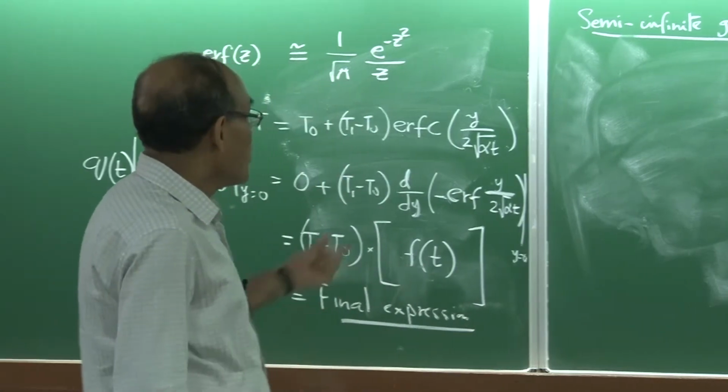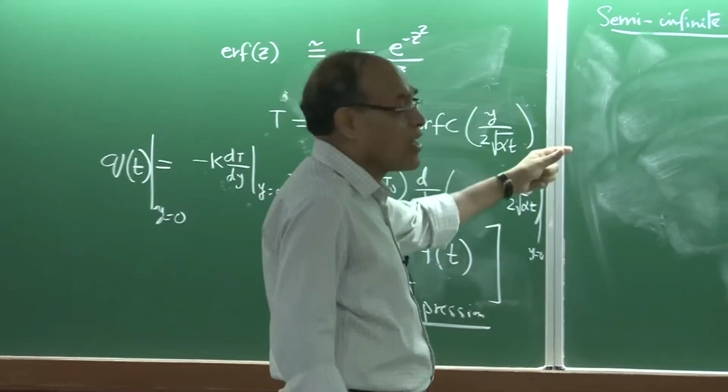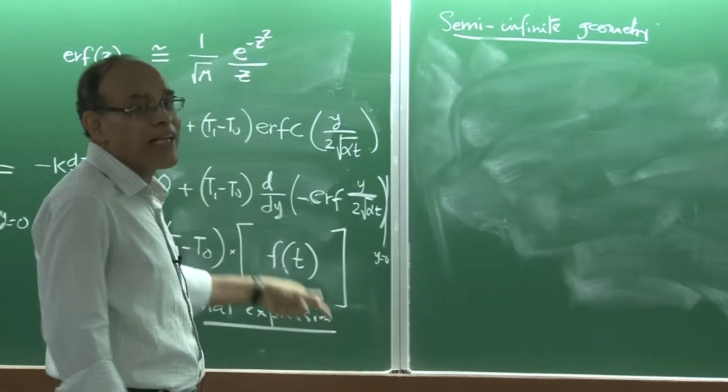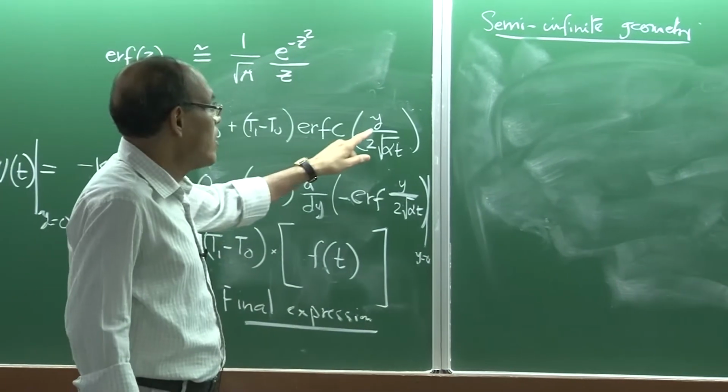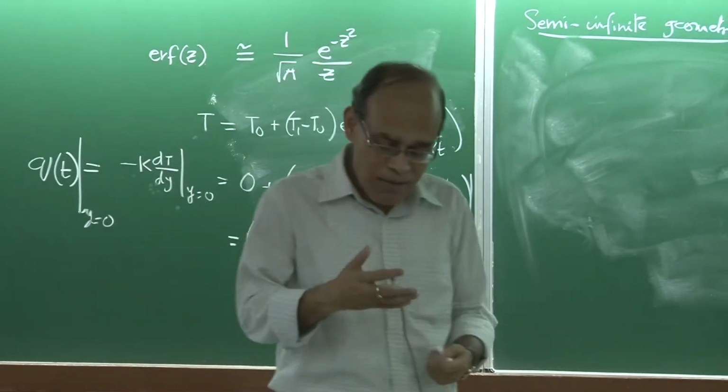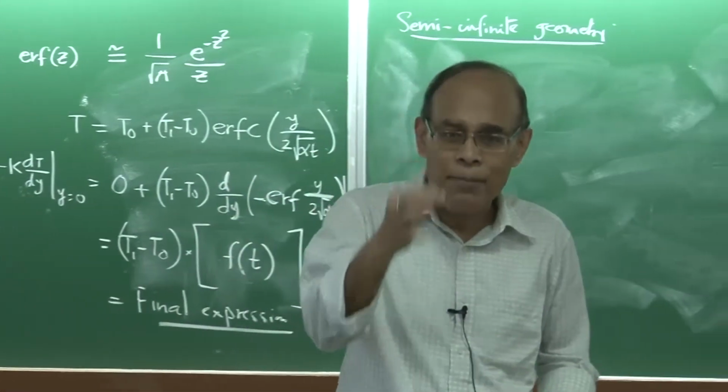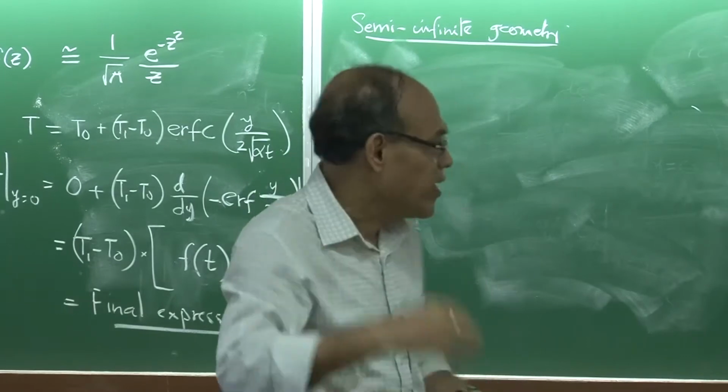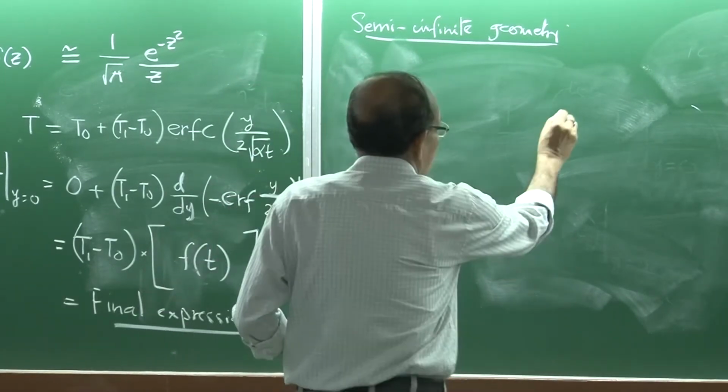So, we can take recourse of the error function table and do the calculation very easily. What is going to be asked is that we want to calculate the temperature at a certain point and certain time.